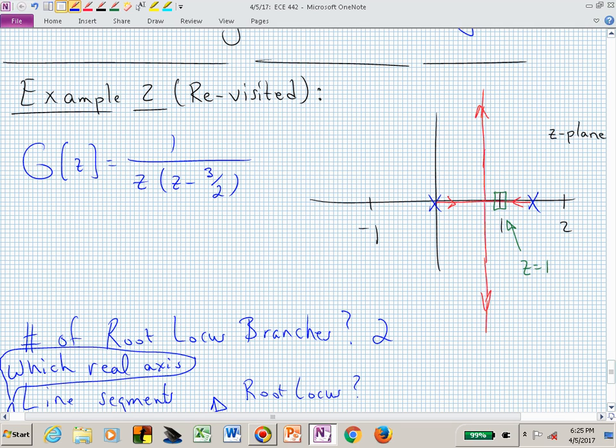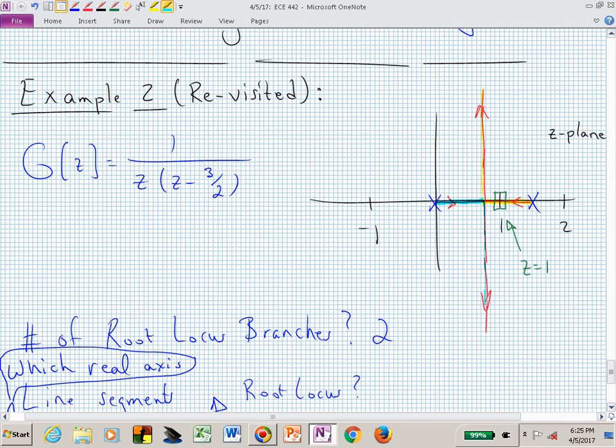So the question was, if we have two branches, what are they, or where are they, maybe. We now have a branch here, and whether I go up or down is immaterial. Let me just say that that branch goes up. Then we have a second branch that starts here, and it obviously has to go in the conjugate direction as the previous one.